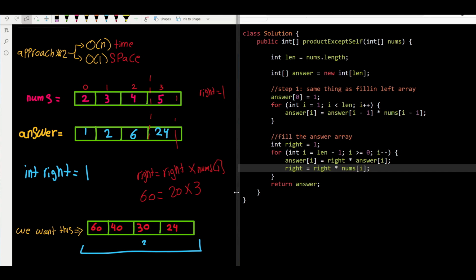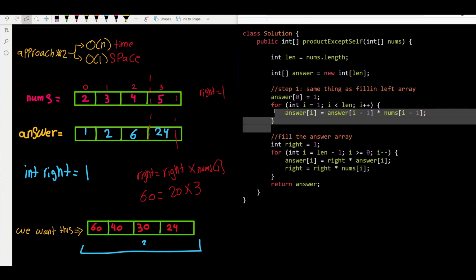As you can see, now we only have the answer array, which means the space is constant, and also we dropped the time complexity. Now we only have 2 for loops instead of 3. So the time complexity is big O of 2n, we can drop the 2, and now it's big O of n, of course, and the space is constant.